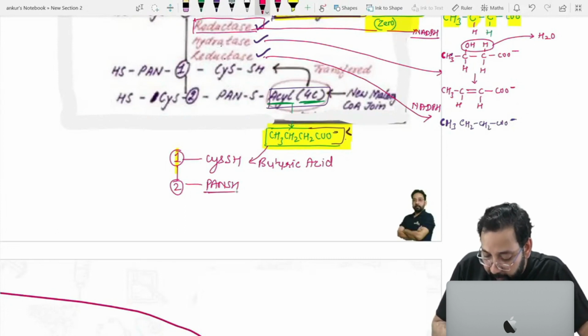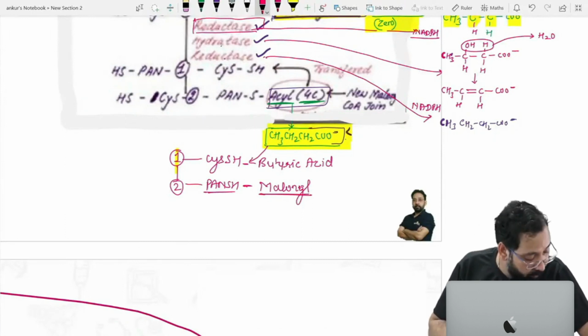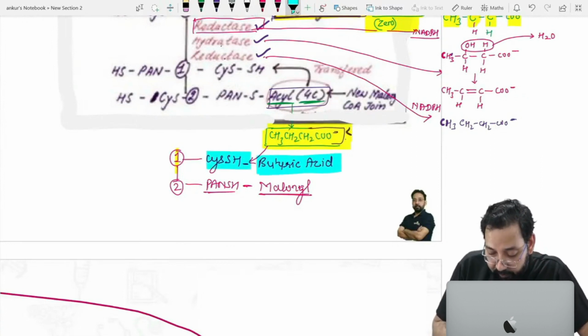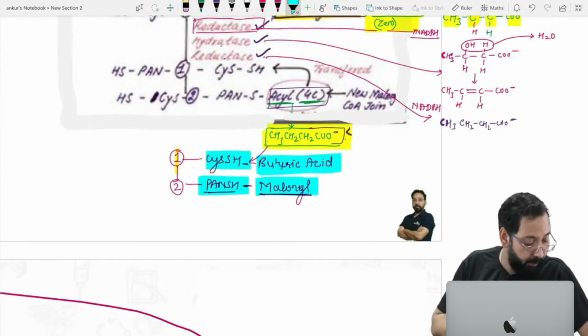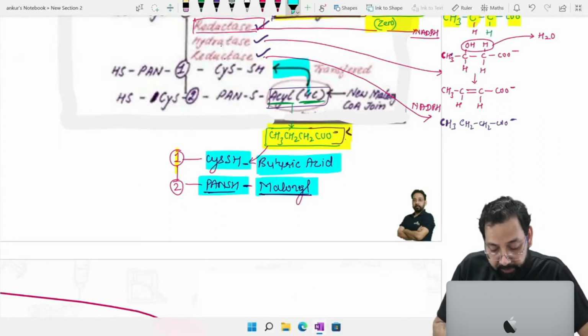Now this pan SH, I attach with malonyl. So butyric acid on cysteine, malonyl on pan. This was transferred to cysteine, which means cysteine is having butyric acid, and pan is having malonyl.